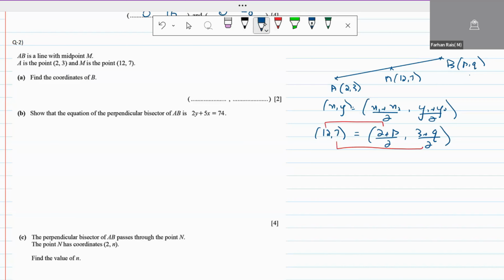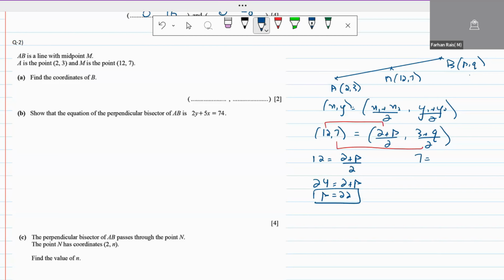The first equation is 12 is equal to 2 plus p upon 2. 2 into 12, that's 24, is equal to 2 plus p, and we get p as 22.